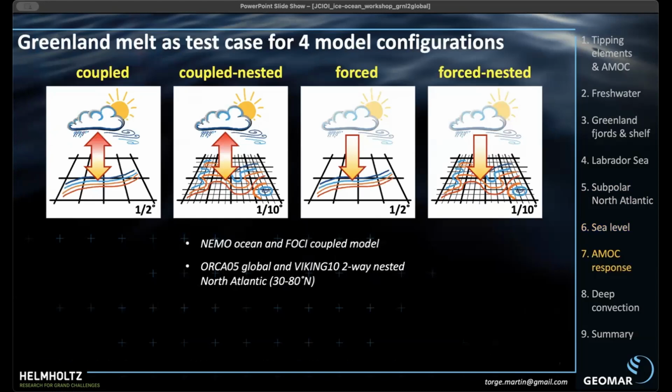And to continue on the story of how coupling and resolution matter, I've run 4 simulations with our coupled climate model at half-degree non-eddying and at high resolution nest, and then the same setups basically forced by the atmosphere. So not interactively coupled.